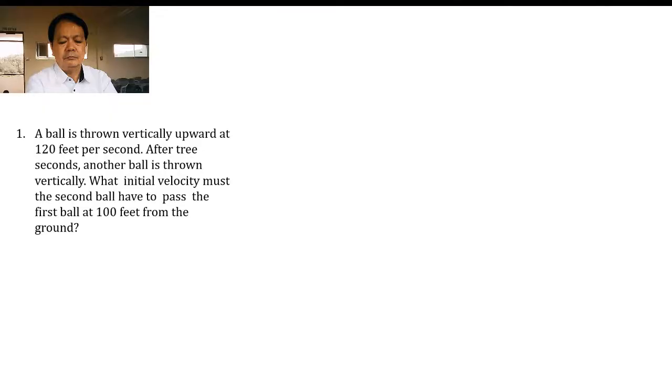Sabi dito, meron daw bola na given an upward velocity of 100 feet per second. So, pagkatapos ng 3 segundo, another ball is thrown vertically. So, the question is, ano yung dapat yung velocity ng second ball para daw malagpasan nitong second ball yung first at 100 feet from the ground?